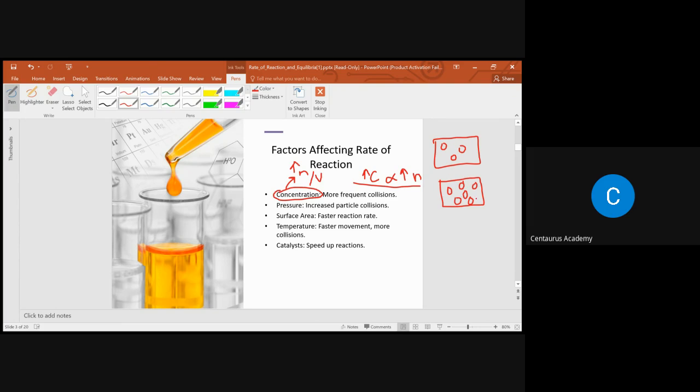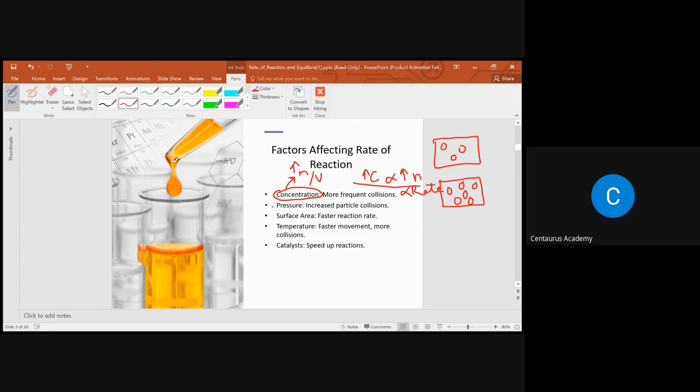Obviously, if you increase the concentration, there are a greater number of particles in the same amount of volume, which will increase their frequency of collisions. When the frequency of collisions with the neighboring molecules increases, the rate of reaction tends to increase as well. Okay. So this is directly related to the rate of reaction. All right.